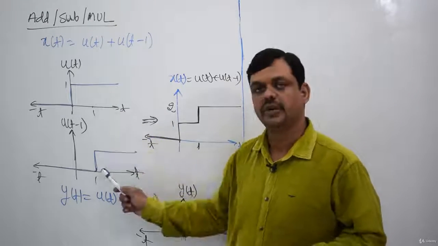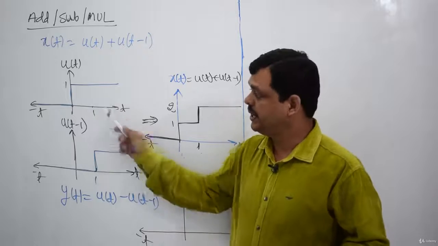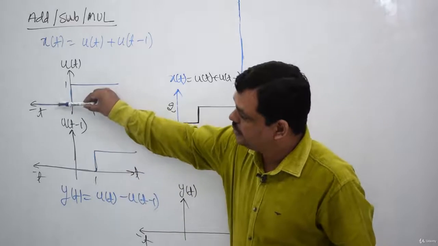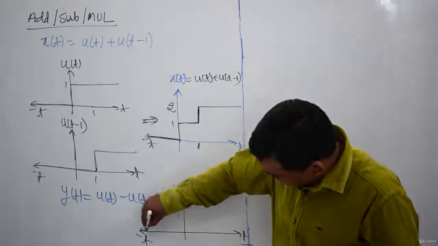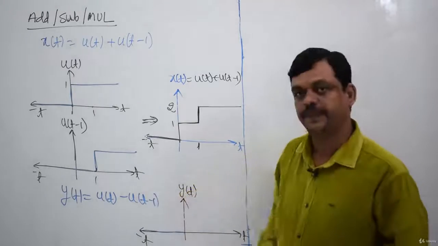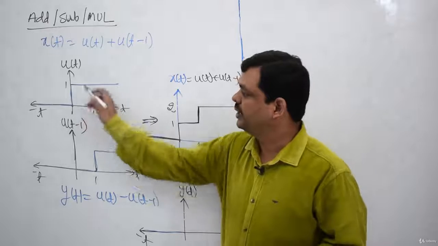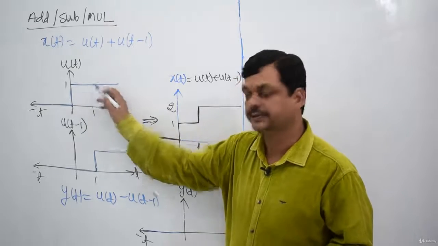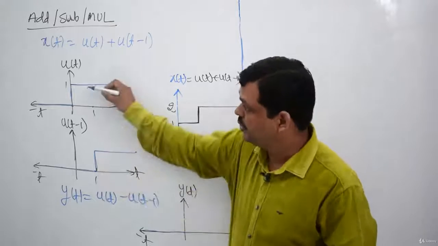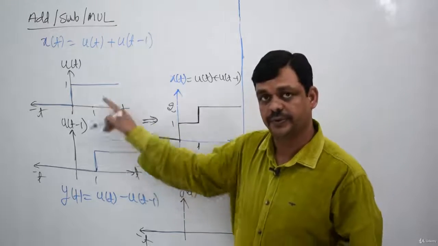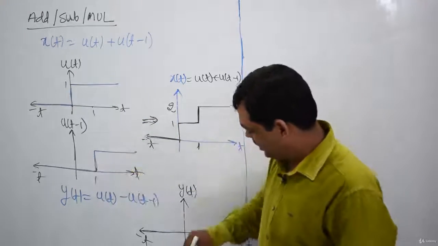So this is u of t minus 1. Then the subtraction of these two: 0 minus 0 is 0, so the completely negative side is not defined. From 0 to 1, this function's amplitude is 1 and this function's amplitude is 0. So 1 minus 0 is 1.